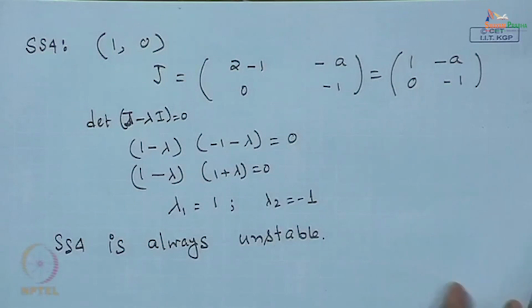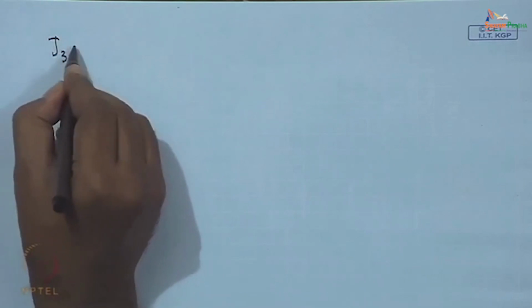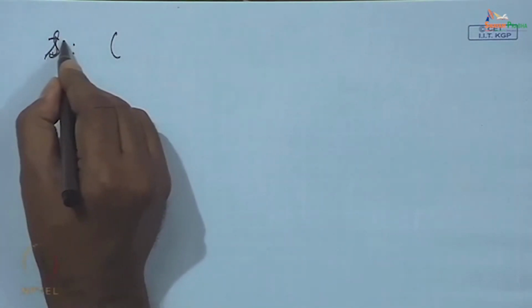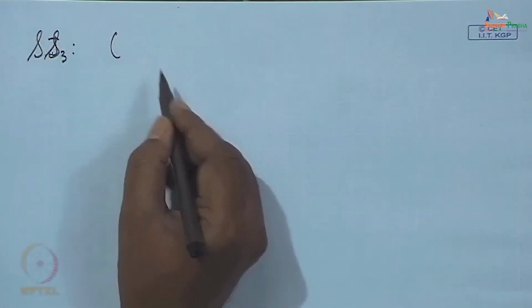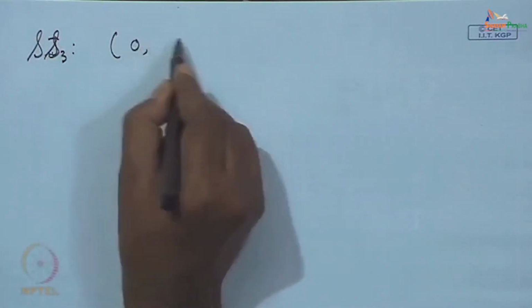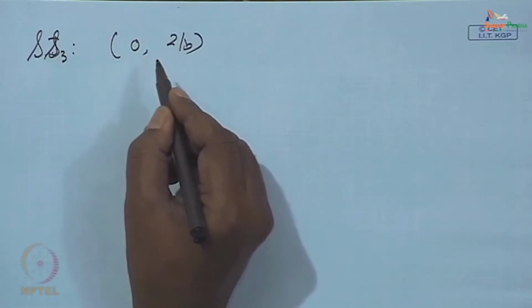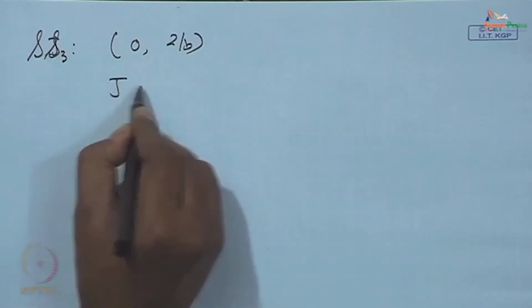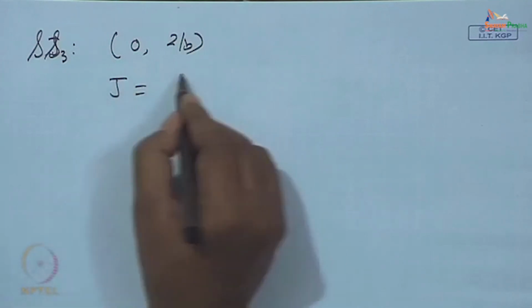Okay. Next, we check the third steady state. The next steady state will be 0 and 2 by b, steady state number 3. Now we evaluate the Jacobian matrix at these values.